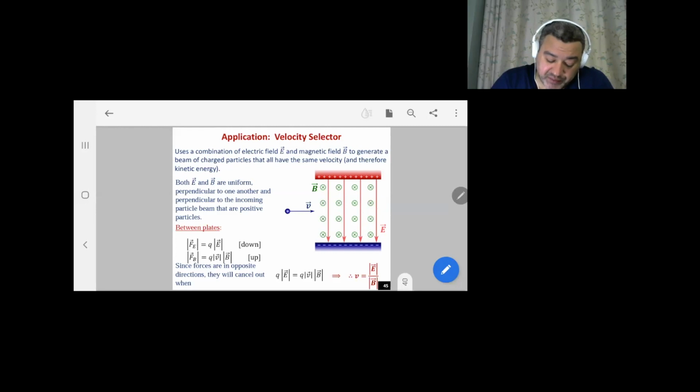So this is the magnitude of the electric force, and this is the magnitude of the magnetic force. By equating both of them and reworking the equation for the velocity, we get the velocity that gets the charge to the end without deflecting up or down.